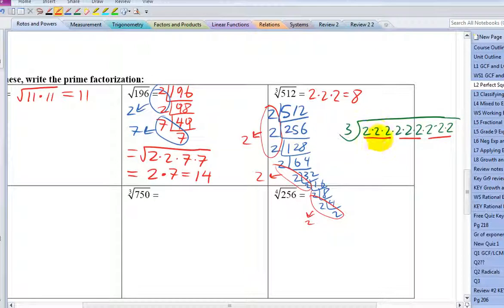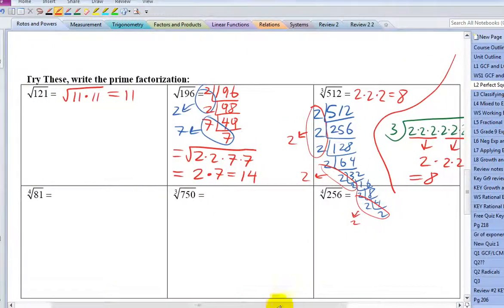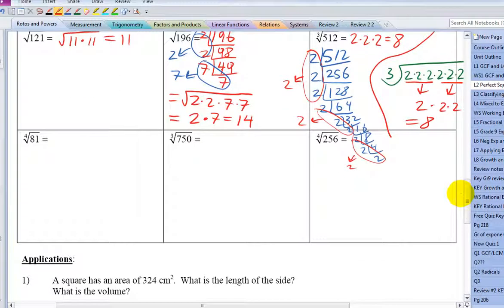Okay. So I showed my work 2 different ways. Any questions? Okay, try the next one, 4th root of 81. I think you want to divide by 3 to start. Try and use your calculator as little as possible.